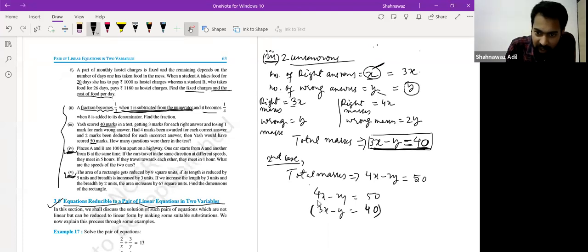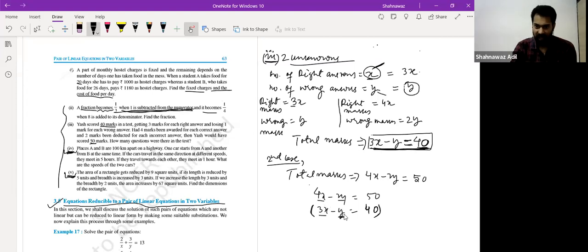So it is 4X here and 2Y here, and it is 3X here and Y here. So we have to make one of the coefficients the same. Either make the X coefficient the same or the Y coefficient. Which coefficient is easy to make the same?